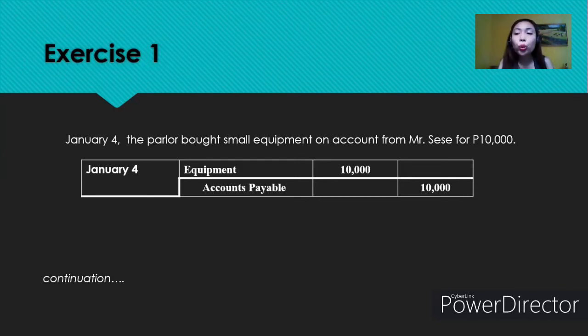Since accounts payable is part of the liability and the normal balance of it is credit, if you want to increase the accounts payable, you're going to credit it. So that means the accounts payable will be increased, worth 10,000 pesos. Take note, when you're going to journalize the entry, use indentation for the second item. For example, for accounts payable, make an indentation before you write it down.